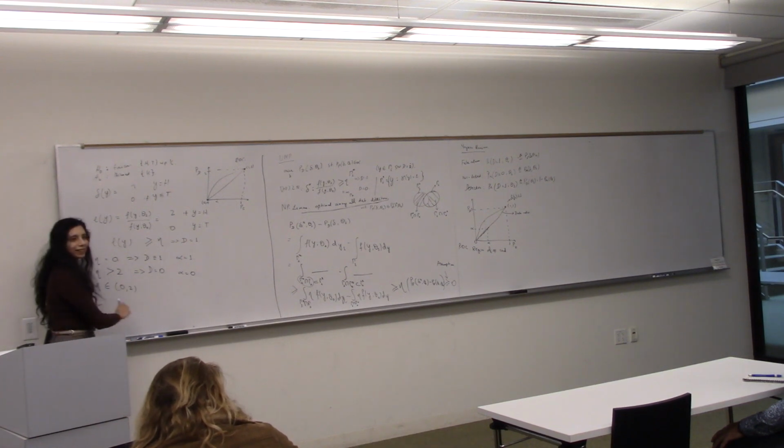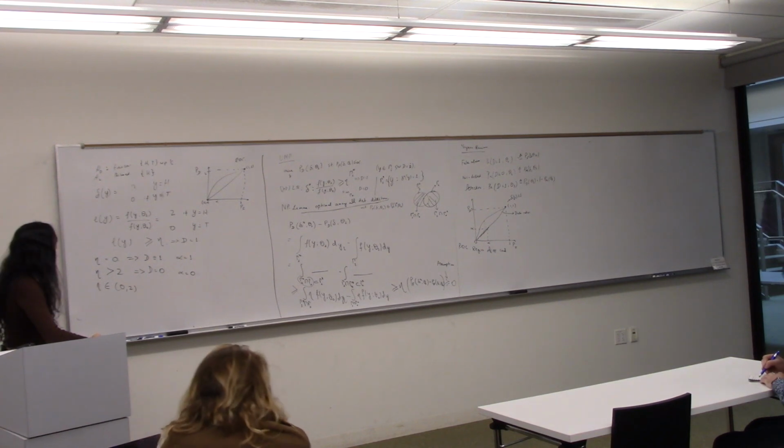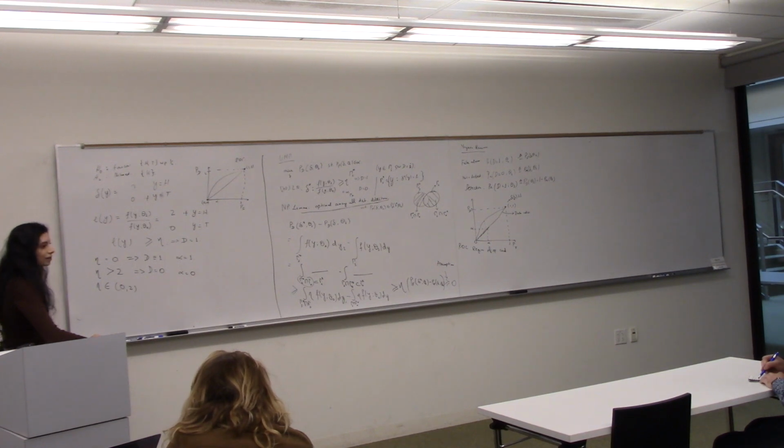What am I achieving here? What is the detector doing if I choose my threshold?